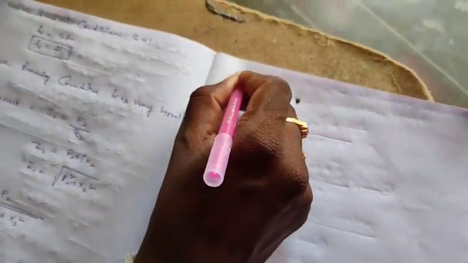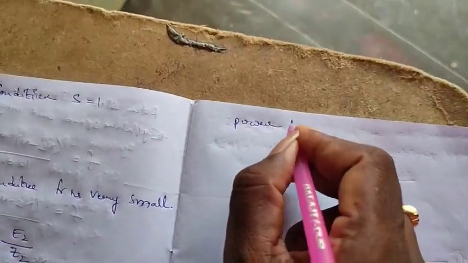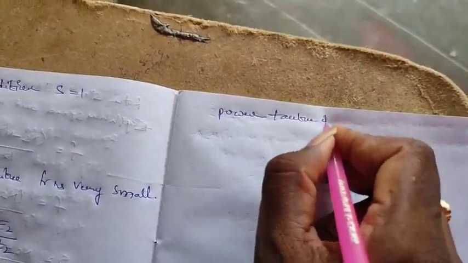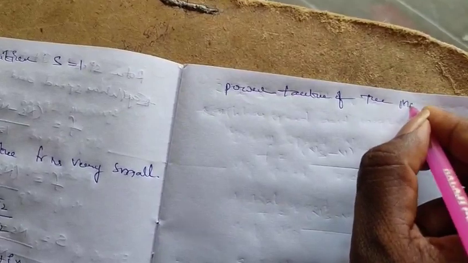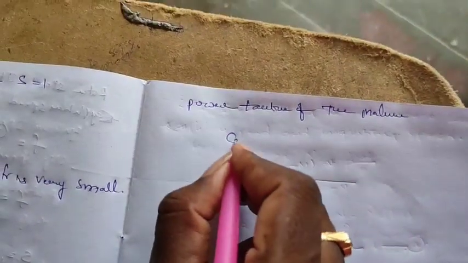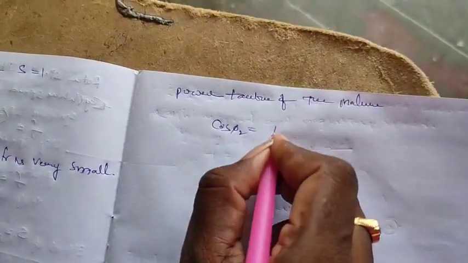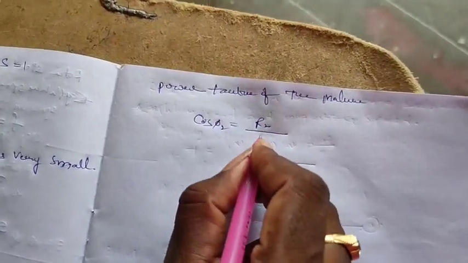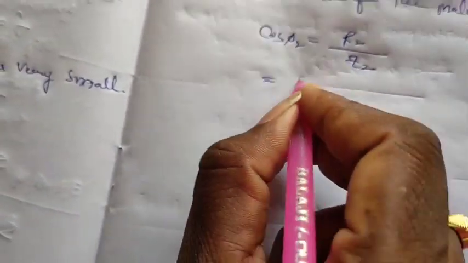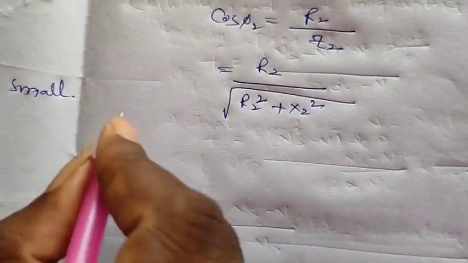So the power factor of the machine, that is cos phi 2 equal to, we know the formula, R2 by Z2, that is Z2 is square root of R2 square plus X2 square.